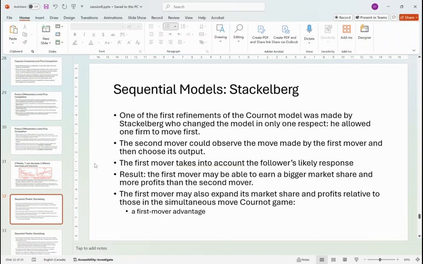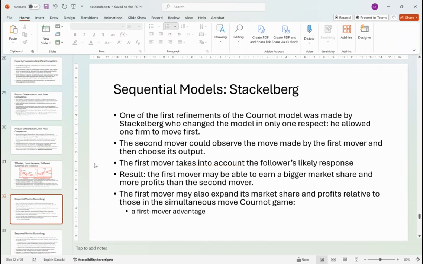The last theory for oligopoly is the Stackelberg model. Under the Stackelberg model, they are both deciding on the quantity they want to produce. So in that sense, it's similar to the Cournot model, but it's different from the Cournot model in that they move sequentially, right?